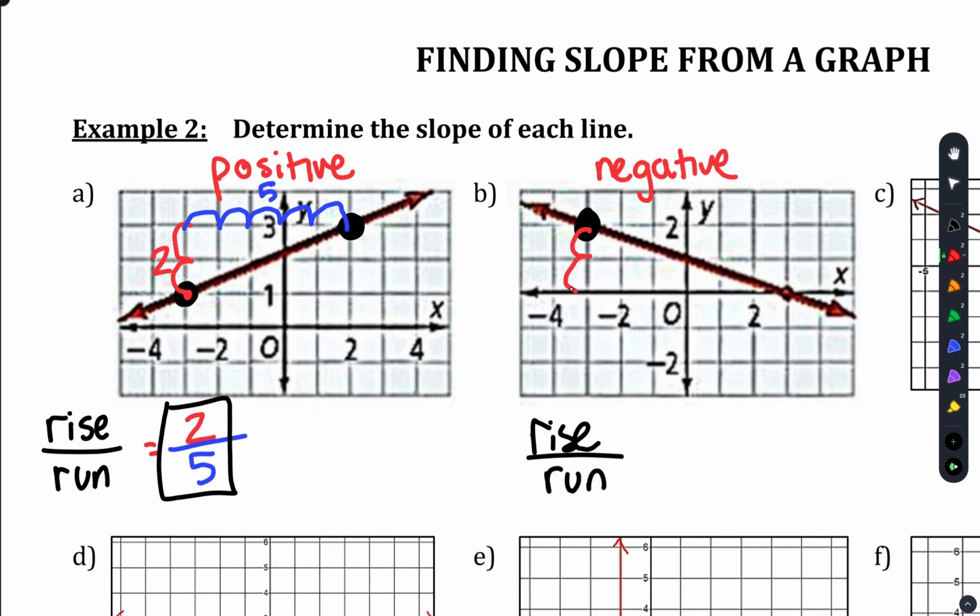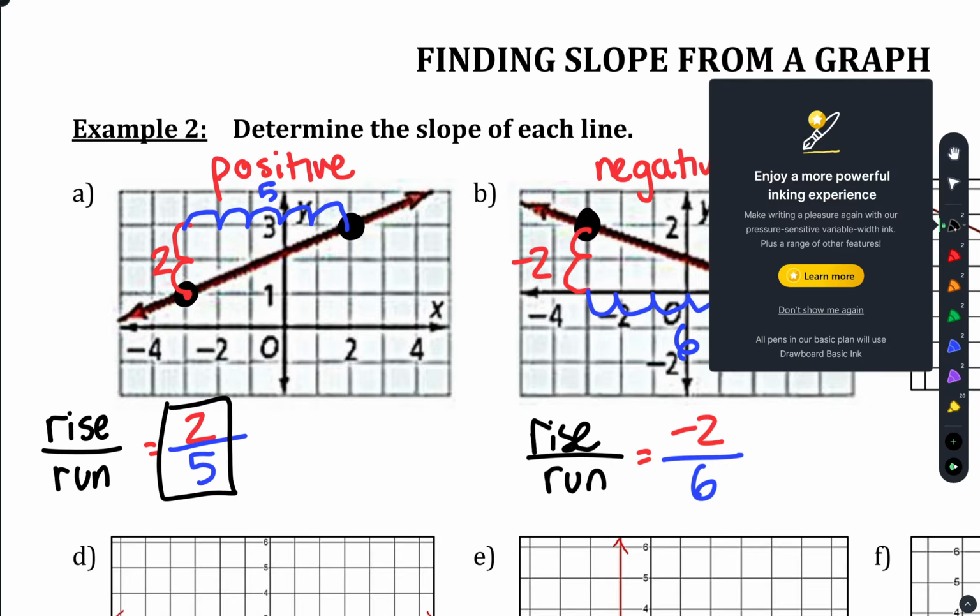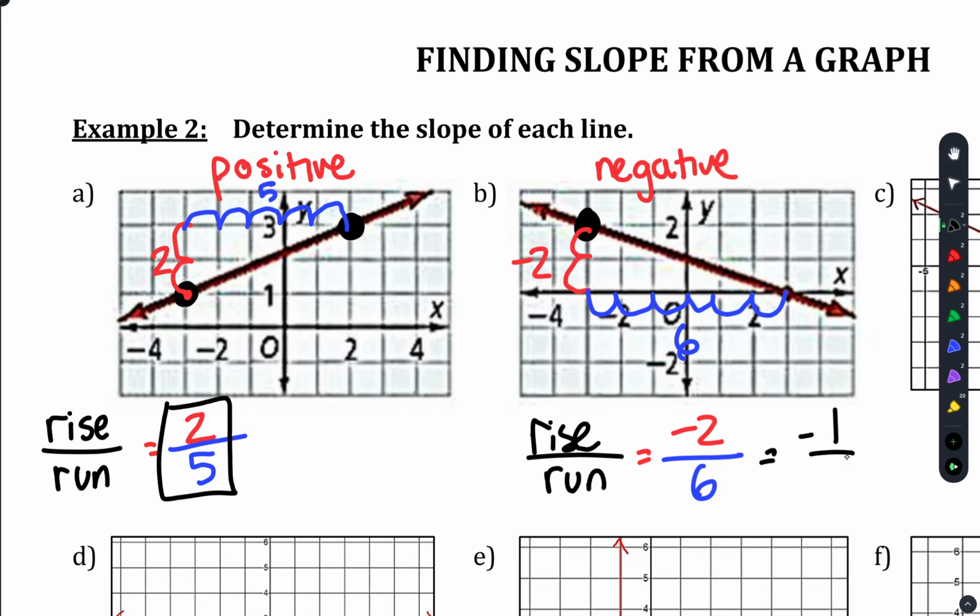I go down 1, 2 boxes. My rise is -2. I go over 1, 2, 3, 4, 5, 6 boxes to the right. My run is 6. This is not simplified, so I have to make sure I simplify it. -1/3.